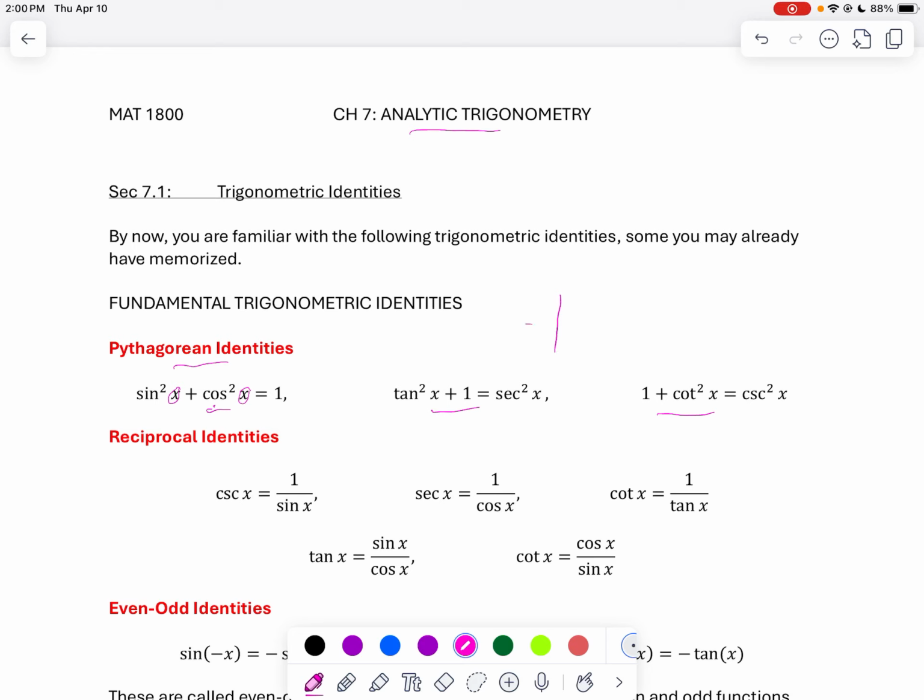And I think I have shown you this before. If (x, y) is a point on the unit circle, let's say the point is in the first quadrant. It doesn't matter which quadrant it is.